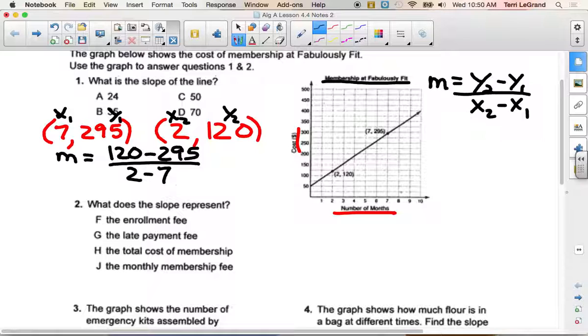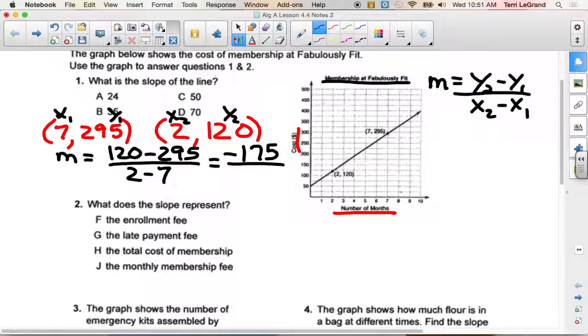Okay. So, doing it in this one, 120 take away 295, now what is that? -175. Good job, Cameron.